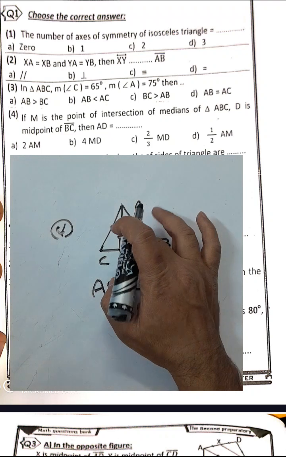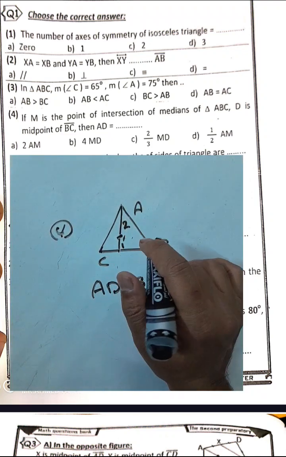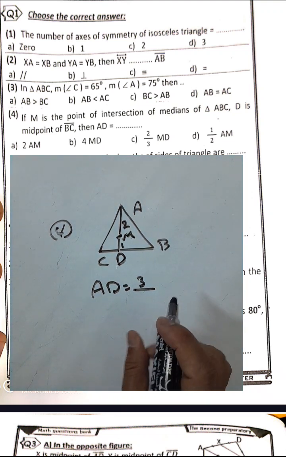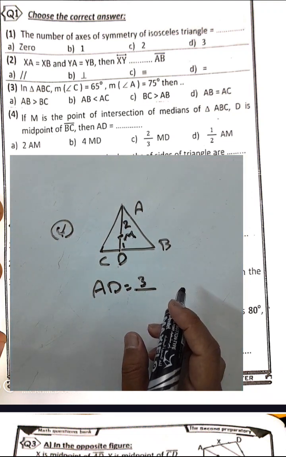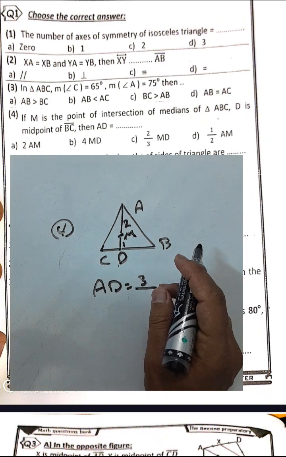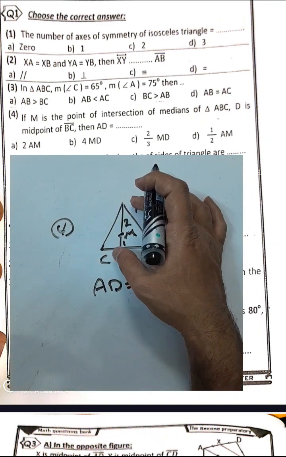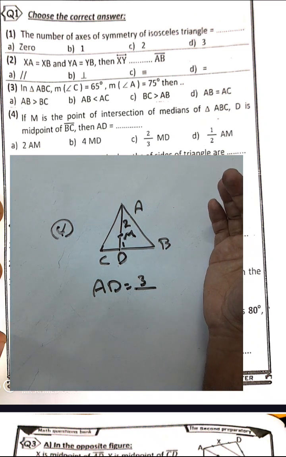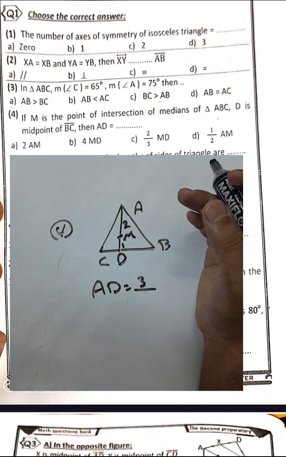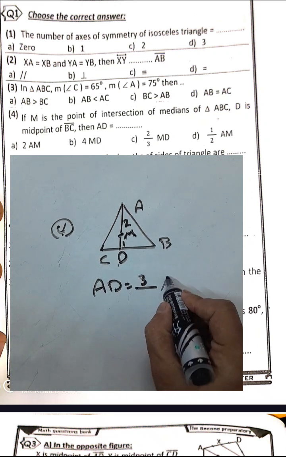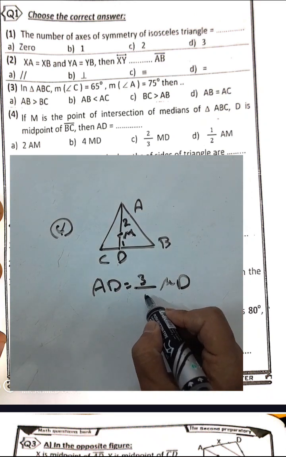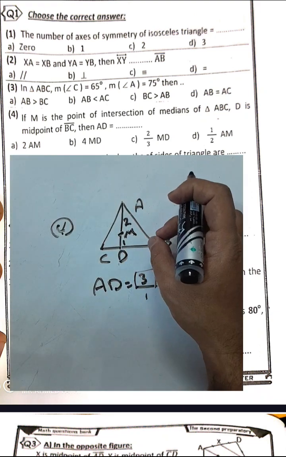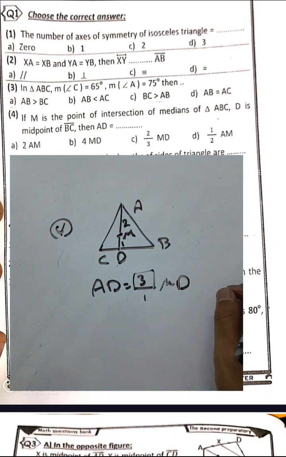D is the midpoint. Again, M is the point of intersection. It's M and AD. You want to find the ratio between AD and what? AD is 3 parts. You want to find the relation between it and MD. If we put here MD, it will be 3 over 1. It will be 3 times. AD is 3 times MD.